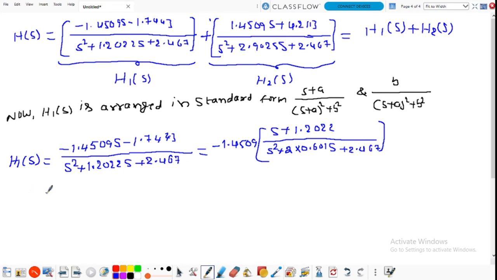Now here A square plus 2AB, what is the A value here in the denominator term? 0.601. So in the denominator term, adding and subtracting B square, that is 0.601 whole square is added and subtracted.